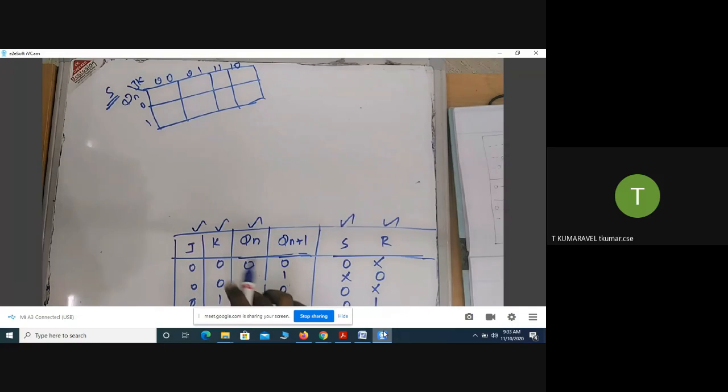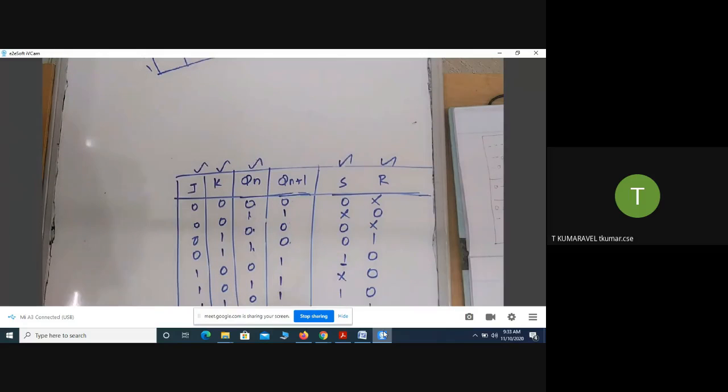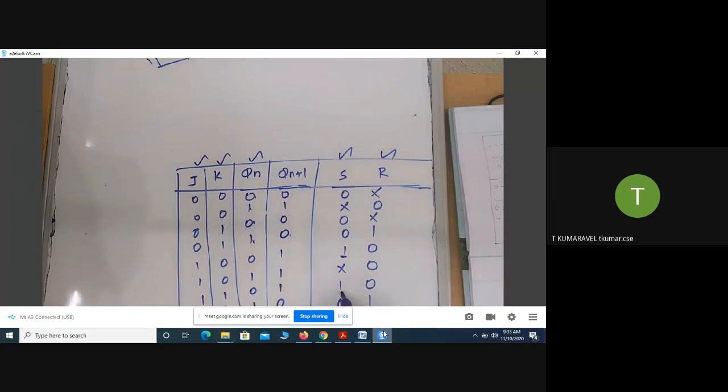Q is 0. And in which places is the output value equal to 1? Here the output value is 1, here it is 1, here it is 1. And then you should consider don't care conditions also. So fill up the table. Four values are available.